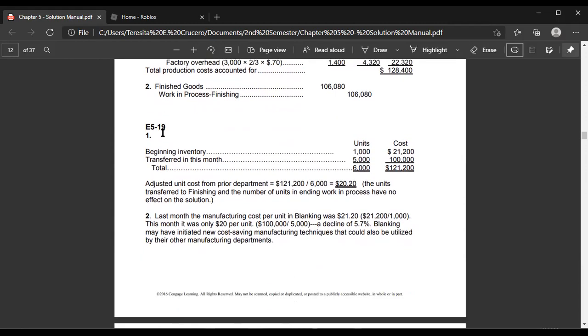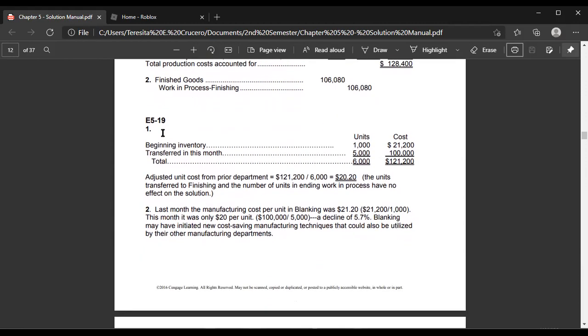So we now compute for beginning inventory 1,000 units, transferred in this month 5,000 units, so the total of 6,000 units. The cost carried from the blanking department of 21,200 and transferred in during the month with carried cost of 100,000.